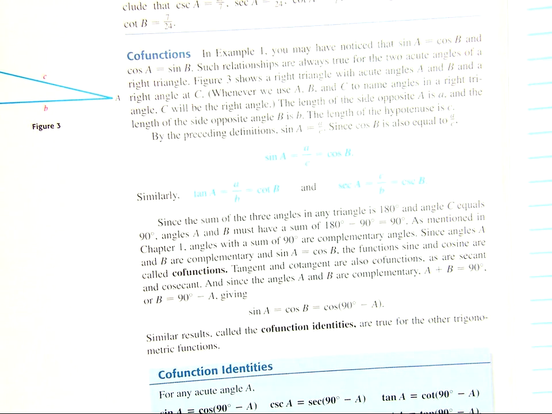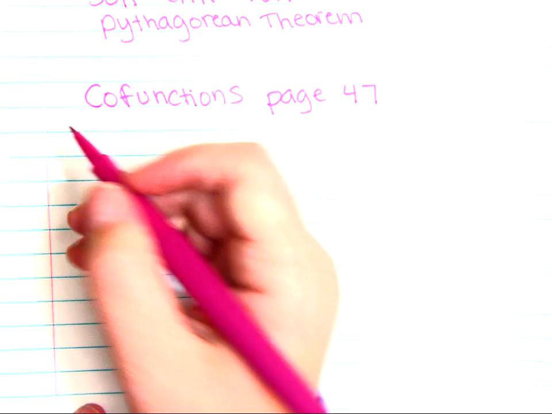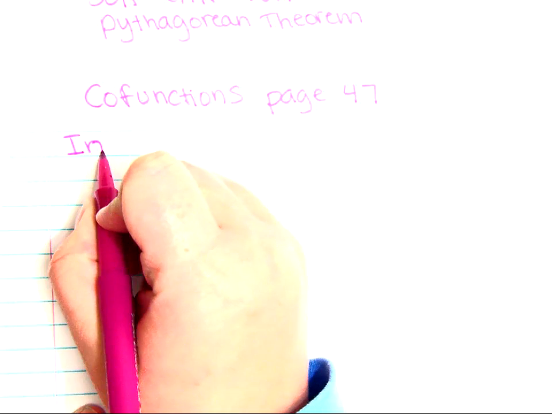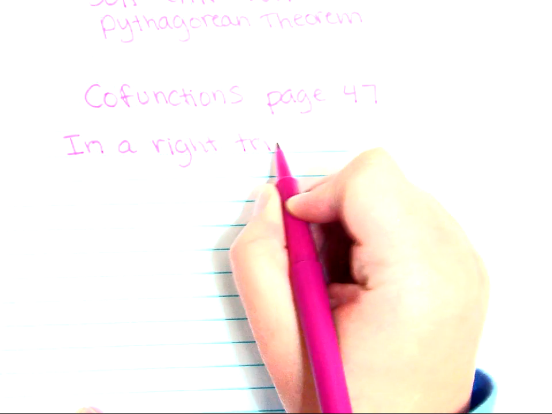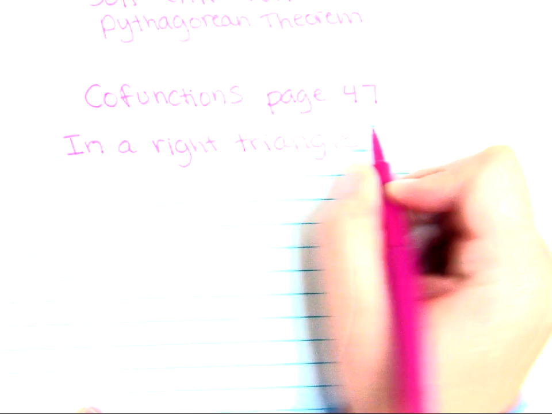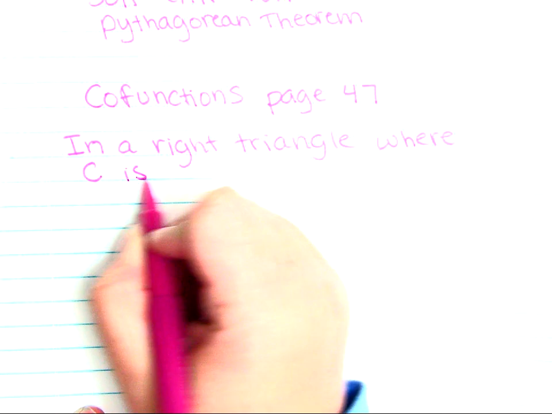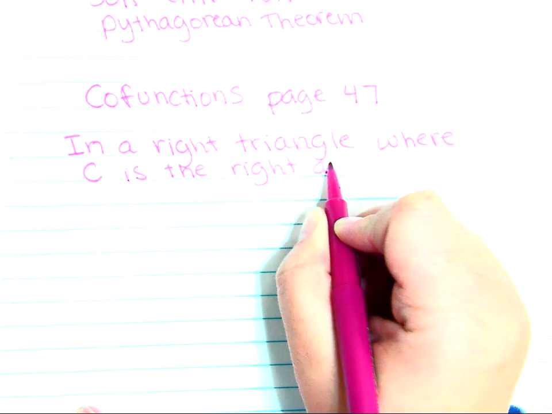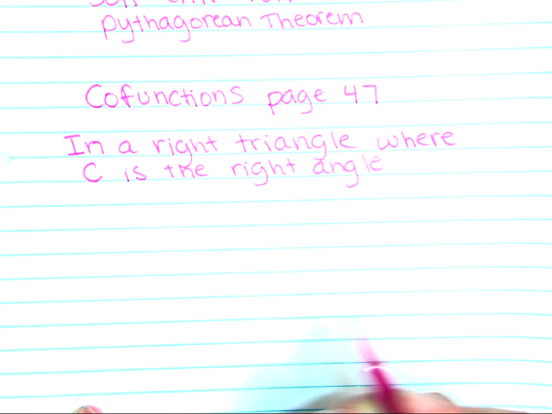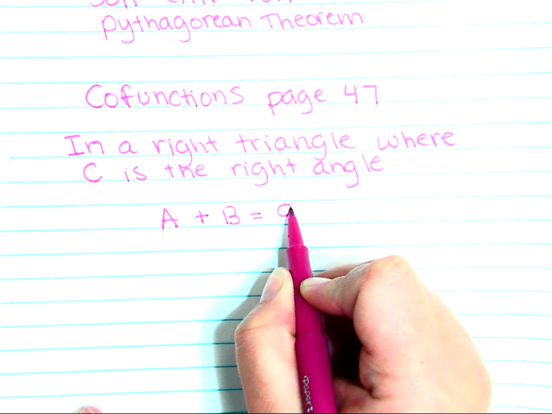So, here's something for you to recognize. In a right triangle where C is the right angle, then angle A plus angle B has to equal 90 degrees.